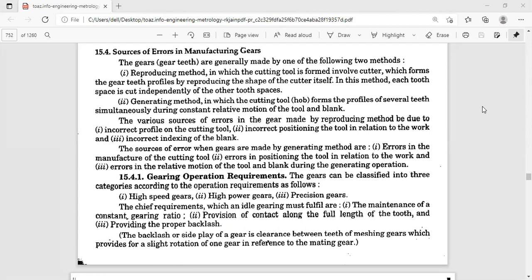You may ask the question as he likes. You may not give a direct question like asking of sources of errors. You may ask what are the errors in the reproducing and the generating method in the manufacturing of gears. You may ask like that also.